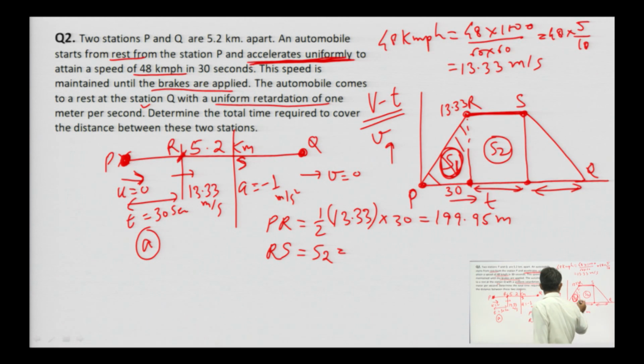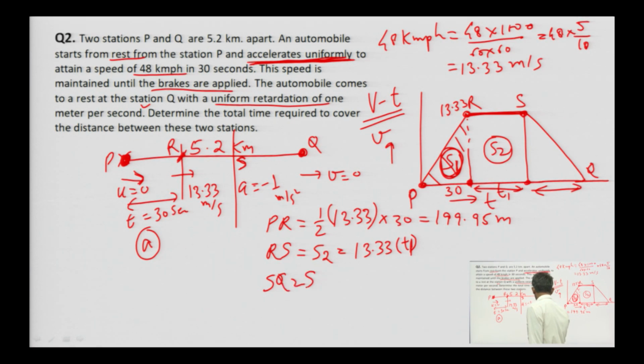The area will be 13.33 multiplied by time, suppose this is T1. And the distance SQ, write it as S3.